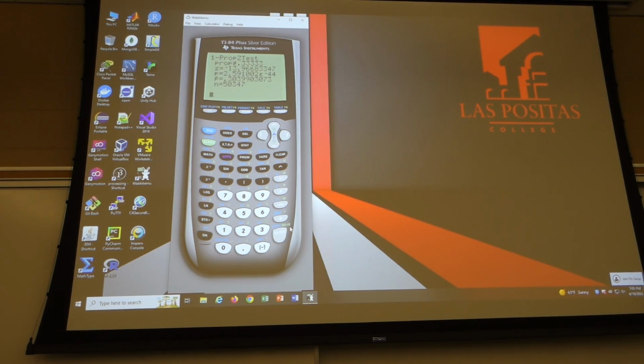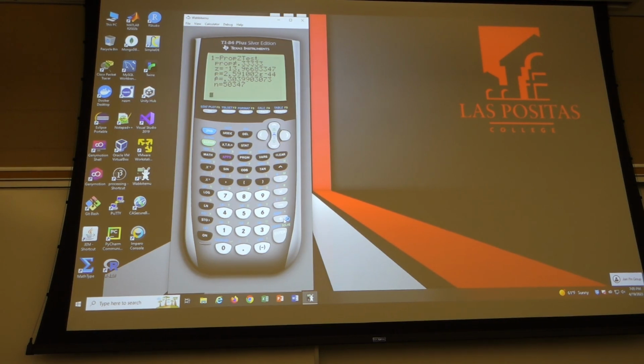I get a z-score of, my z-score is negative 13.97. That's huge. I've never seen a z-score that huge. And my p-value is, look at that, 2.59 E. Yeah, so is it 259%?